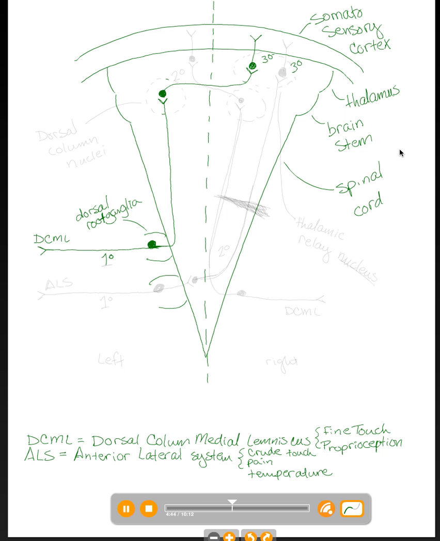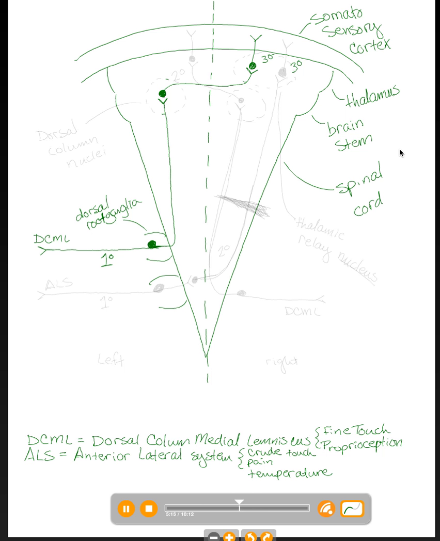So, if this is the DCML pathway, this is our primary neuron. It's going to receive the stimulus from the body, and then the cell body will be outside, but it will enter into the spinal cord and go all the way up to this area, where it synapses onto the secondary or second order neuron.